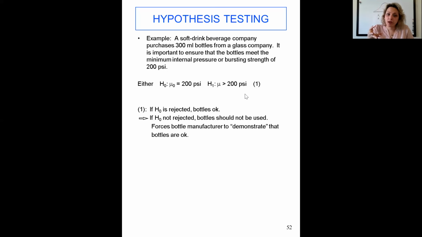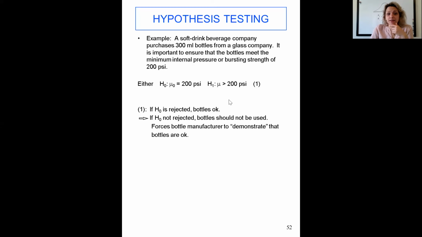If we reject H null, mu null equal to 200 psi, then the bottles are okay, because H1 says that mu is greater than 200 psi. If H null is not rejected, the bottles should not be used, right? So this forces bottle manufacturers to demonstrate that the bottles are okay. That's one way of looking at it.